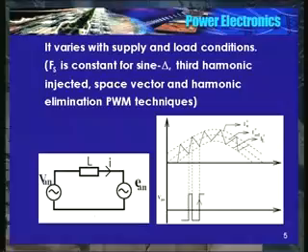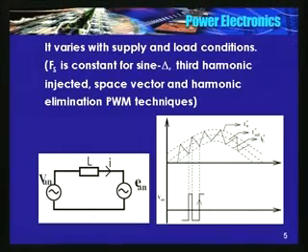See for example, this is the equivalent circuit. Depending upon the conducting state of the switch, I determine the phase voltage. I am neglecting the resistance. This is the inductance, and I am assuming that there is another voltage source here equivalent to the induced EMF.